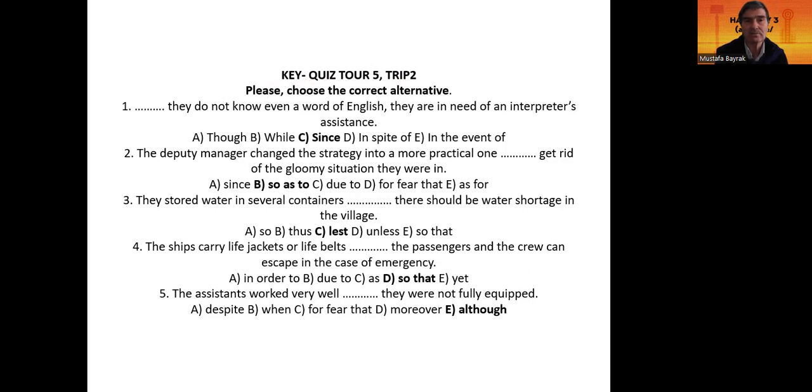Two, the deputy manager changed the strategy into a more practical one so as to get rid of the gloomy situation they were in. So, group conjunctions to express purpose. Okay, for example, so that. For example, let's rewrite it with so that.